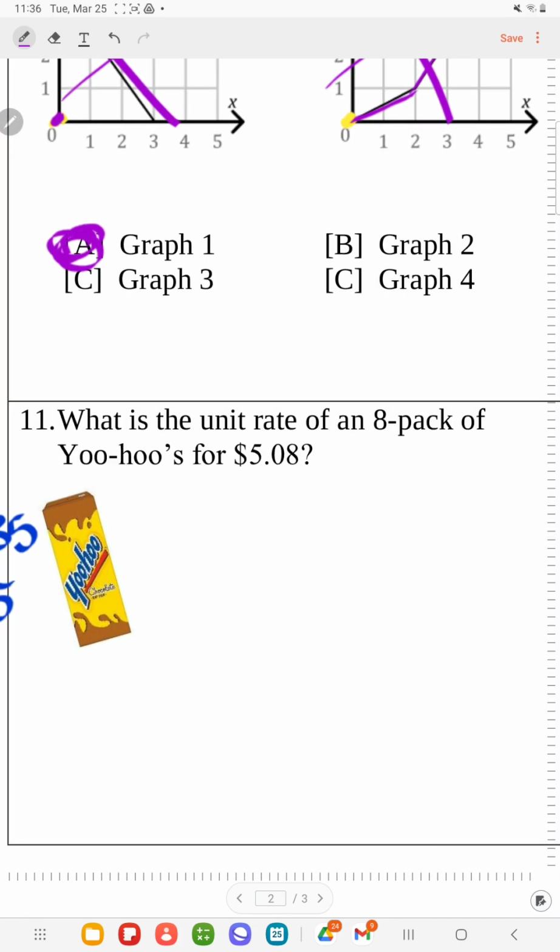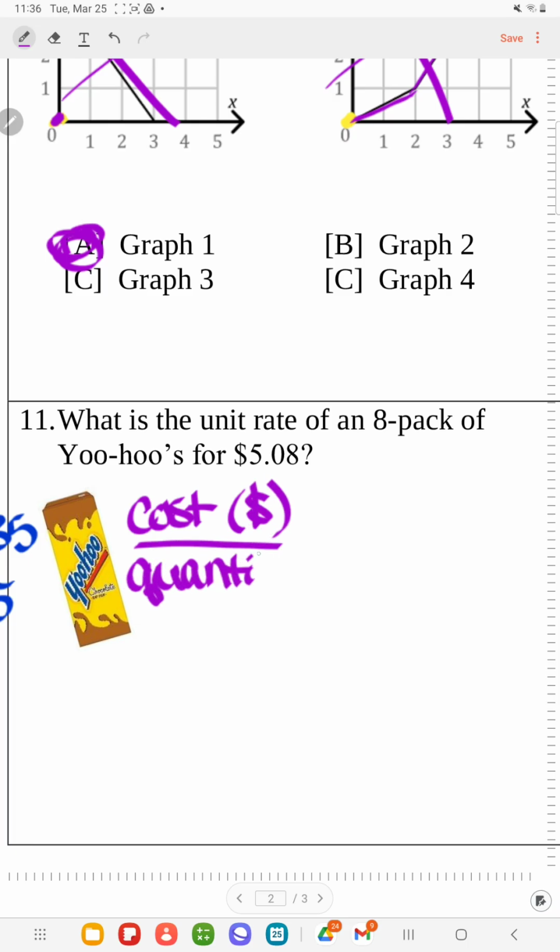What is the unit rate of an 8-pack of Yoo-Hoos for $5.08? We did this a little bit before, so we're doing the price or the cost over quantity. So we've got 5.08 divided by 8.